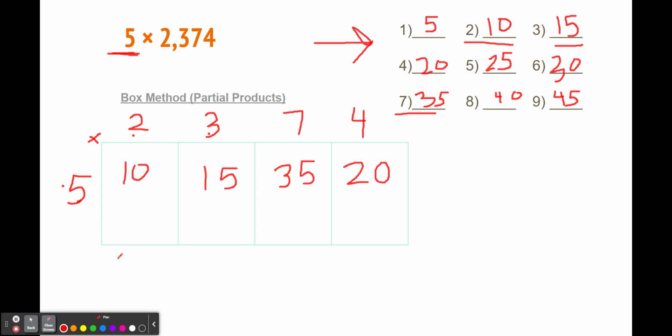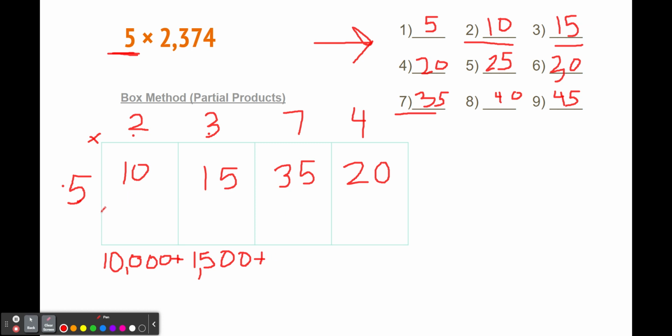Now I have 10, but I have 10 thousands, which means I have 10,000. And I need to add that to my product of hundreds. So I had 5 times 3 hundreds, which gave me 15 hundreds, which is 1,500.